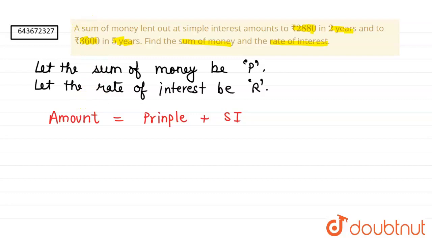We know the formula of simple interest is simple interest is equal to P into R into T divided by 100, where P is principal and R is rate of interest.